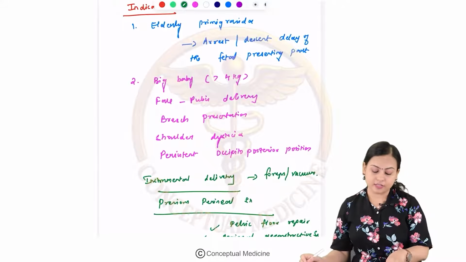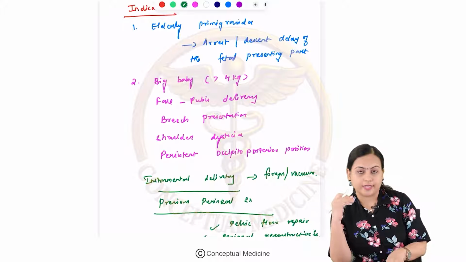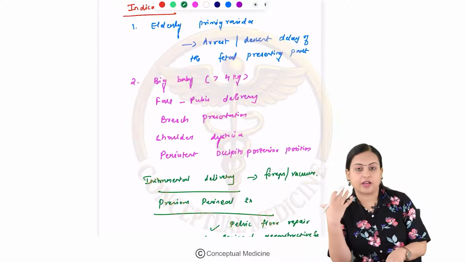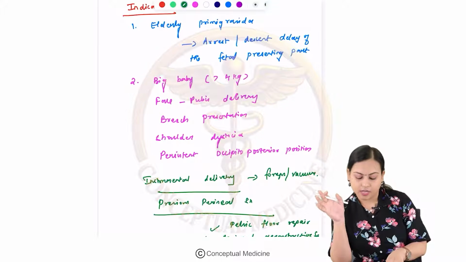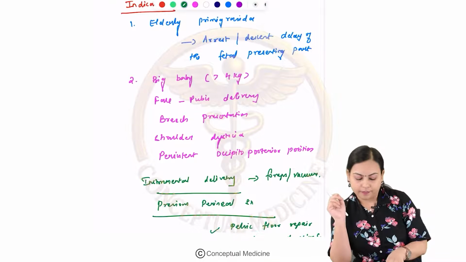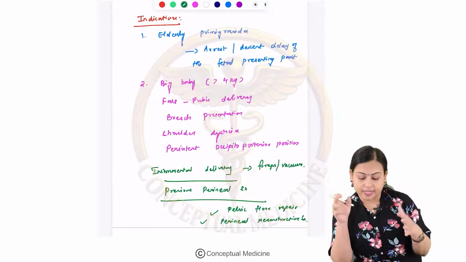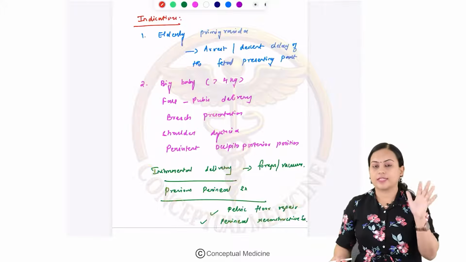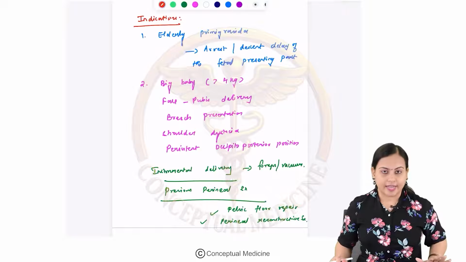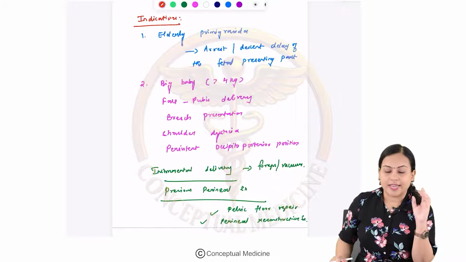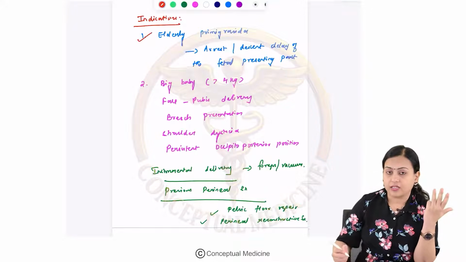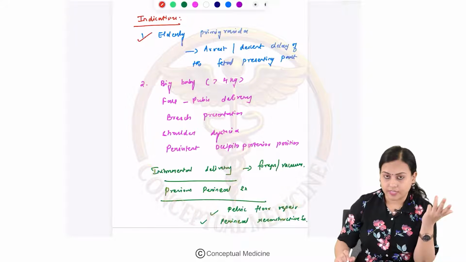So, once again we will revise this. Episiotomy indications include elderly primigravida where you expect arrest or delay in descent of the presenting part.